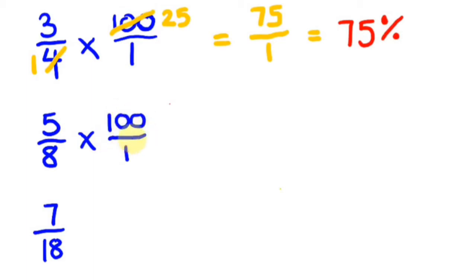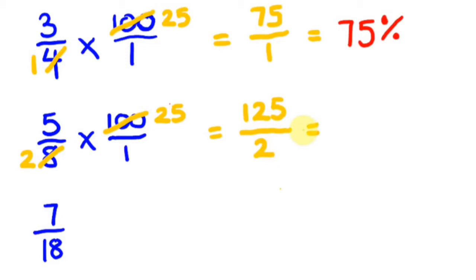Now in the second example, we have 8 to divide 100. We can do this by dividing 8 by 4 and also 100 by 4. So 4 into 8 is 2, and 4 into 100 is 25. When we multiply 25 by 5, we get 125 over 2.